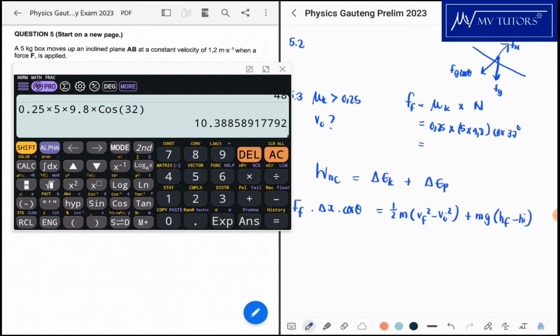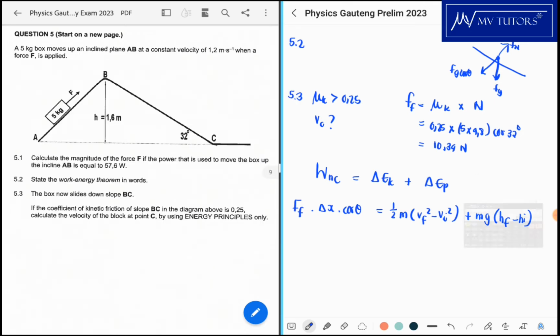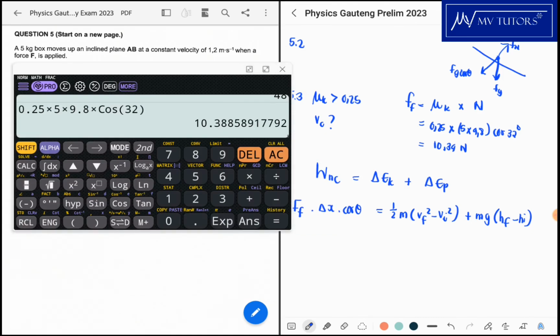Probably going to store that answer somewhere. Okay, and so that is 10.39 newton. So that is the force of your friction. I'm just going to store this.